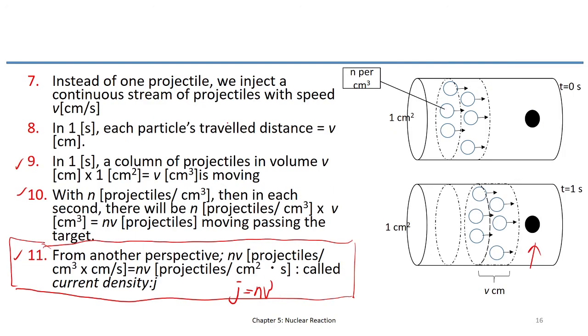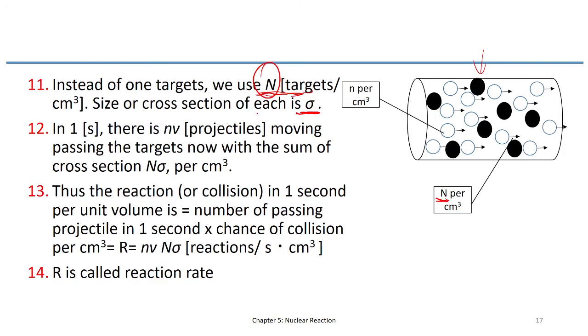Now in 1 second, according to point number 10, we know that there are nv projectiles passing the targets.